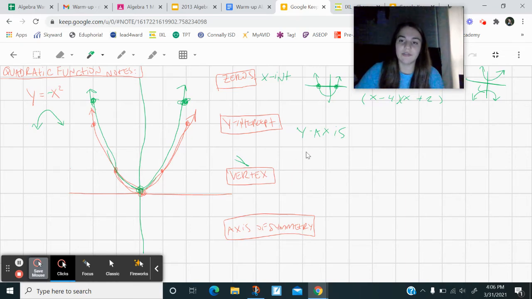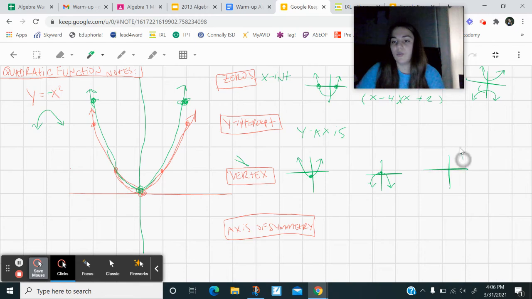The vertex of a quadratic function would be the very corner of the parabola. No matter which way it was pointing, even if it was over here way to the side, this is still the vertex.